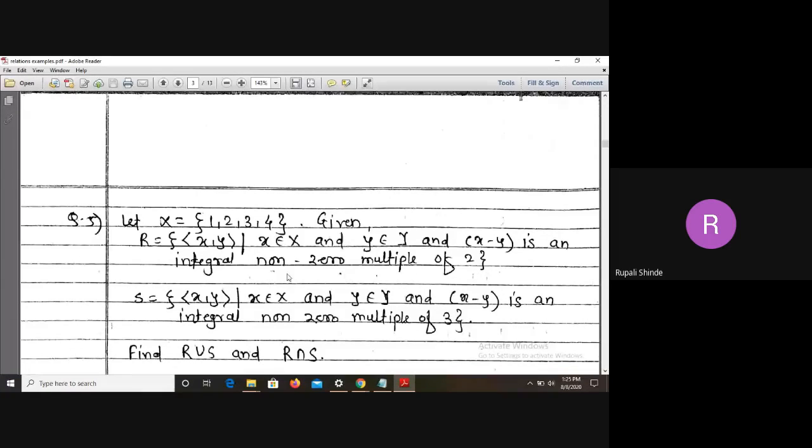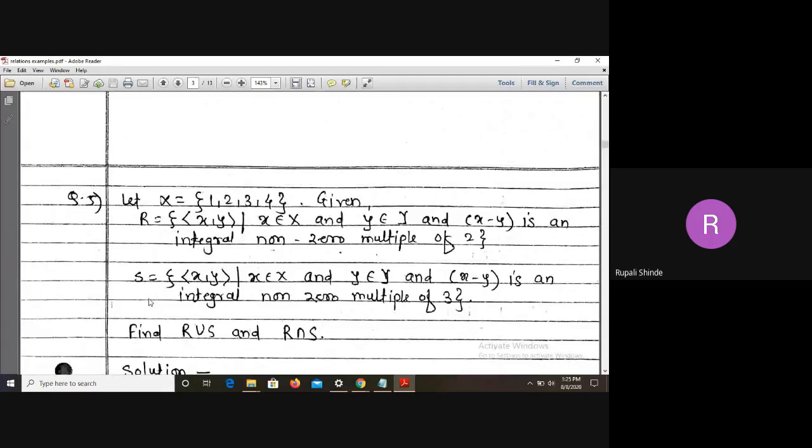So this is the given condition for relation R. Then they have given the condition for relation S. A relation S will include ordered pairs x comma y such that x belongs to capital X, y belongs to capital Y, that is set X and set Y, and x minus y is an integral non-zero multiple of 3. Then we have to find the union and intersection of these two relations.